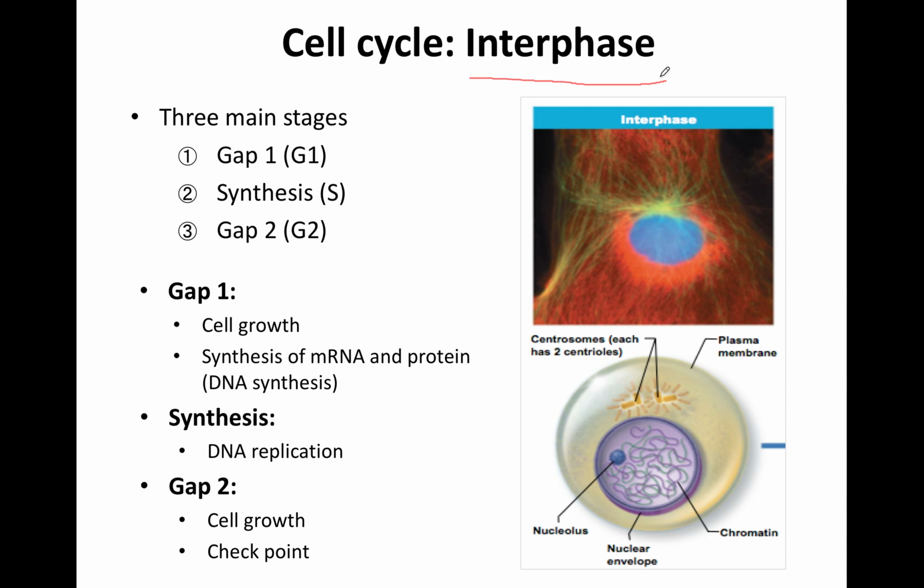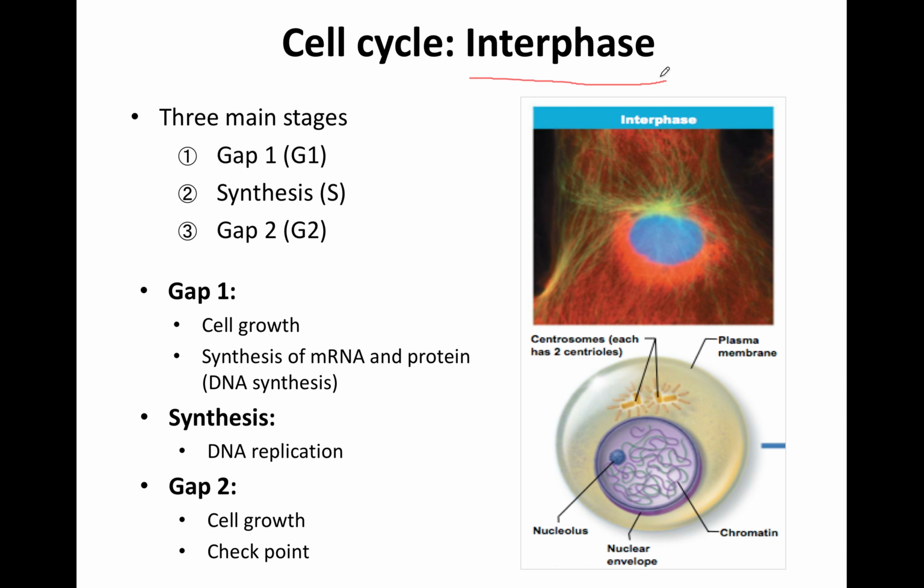During gap 2, you continue to grow the cell, and you also have checkpoints to make sure that the genetic information has been duplicated properly. Because if the genetic information is not duplicated properly, it's going to cause damage to the cell, cause abnormalities that could possibly lead to disease such as cancer.